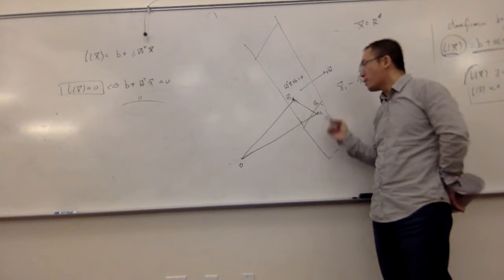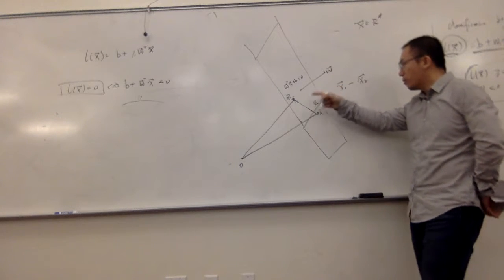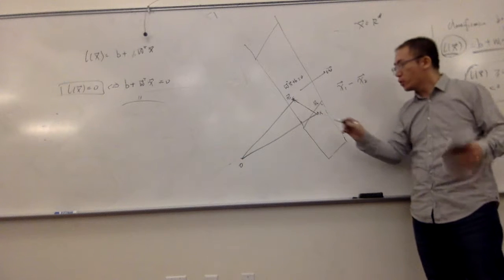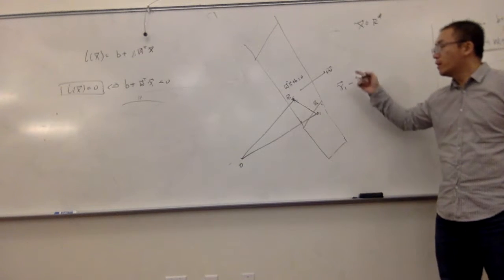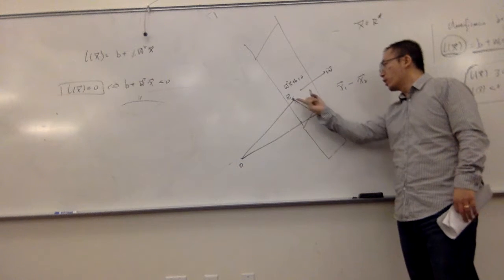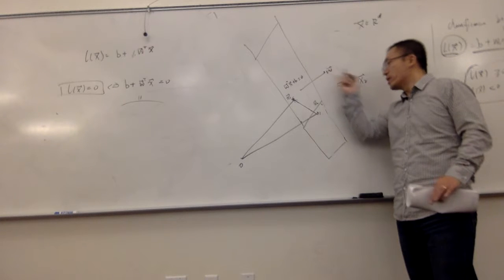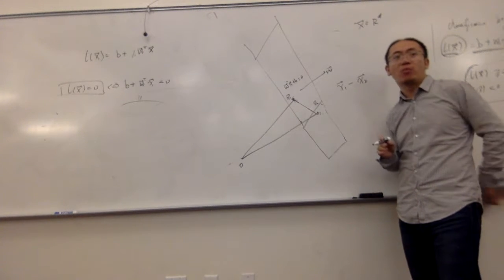This line must be parallel to the hyperplane. And then I just check whether W is orthogonal to this line, because x1 and x2 are chosen arbitrarily. So if we can prove that W is orthogonal to x1 minus x2, then this shows that W is orthogonal to an arbitrary line parallel to this hyperplane, right?